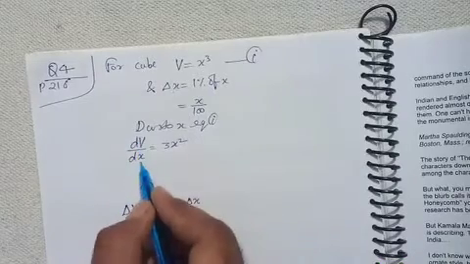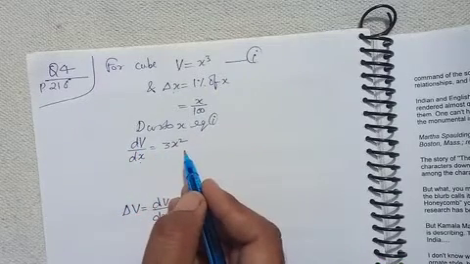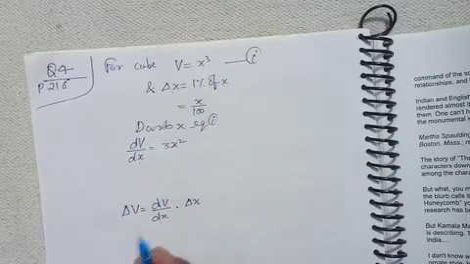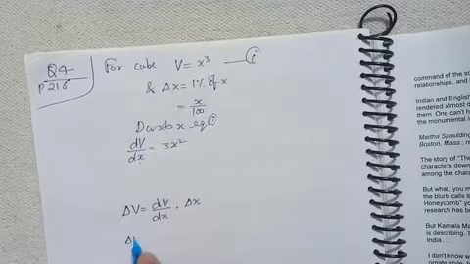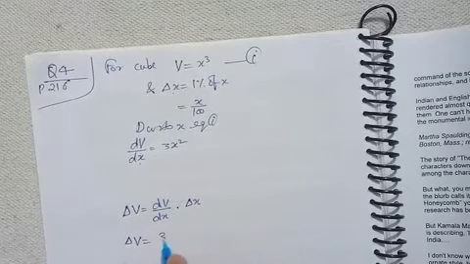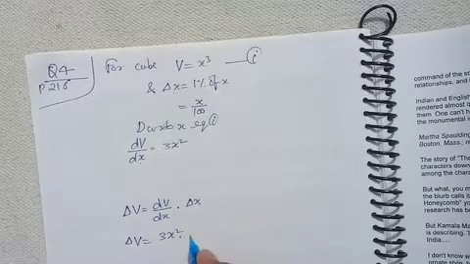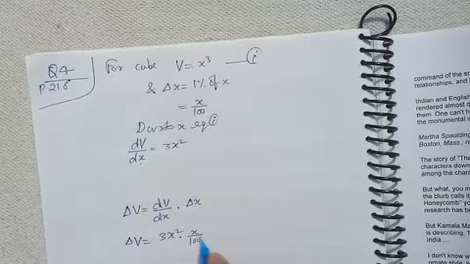So delta V equals 3x square times x by 100.